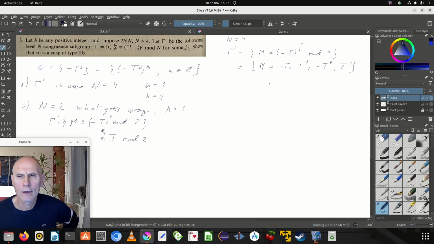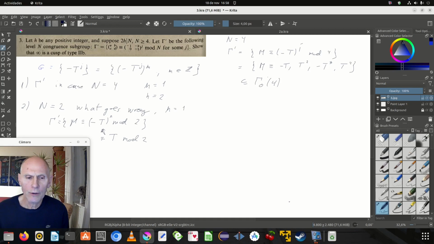Now, I thought if we, it's a subgroup, yeah, let's notice that. It's a subgroup of gamma naught of 4, level 4. We do have the generators of gamma naught.